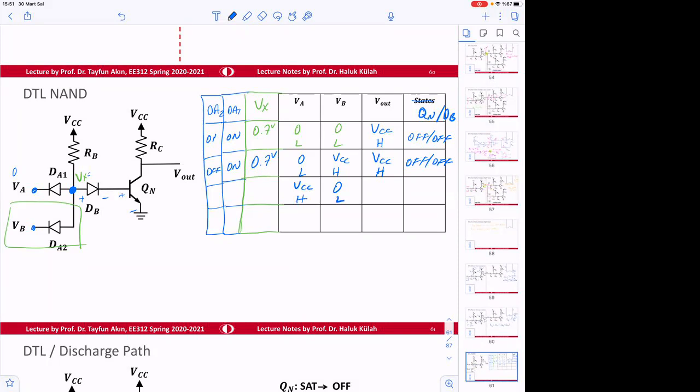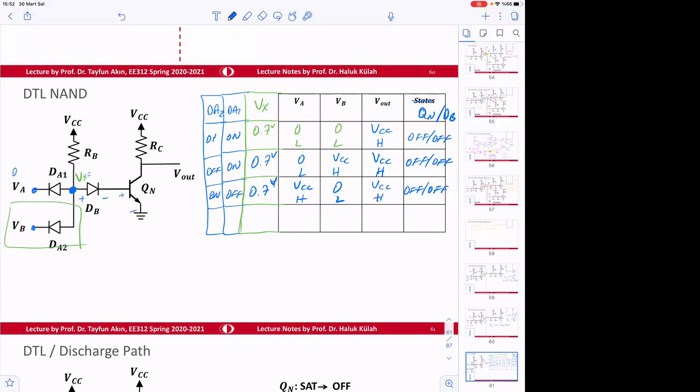Then the same thing happens here. This voltage now is set to 0.7 volt. Now this one is off, this one is on. And then here they are both off, and the output is still VCC, which is high.